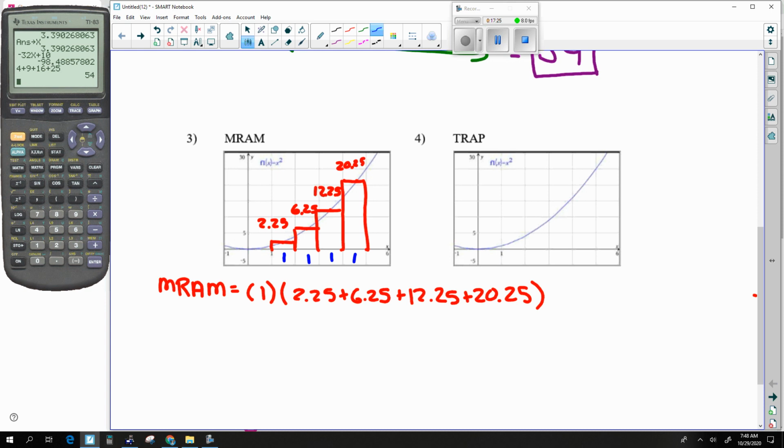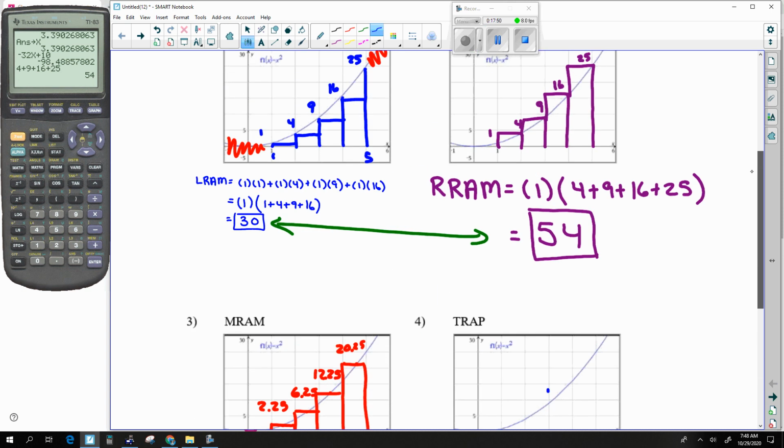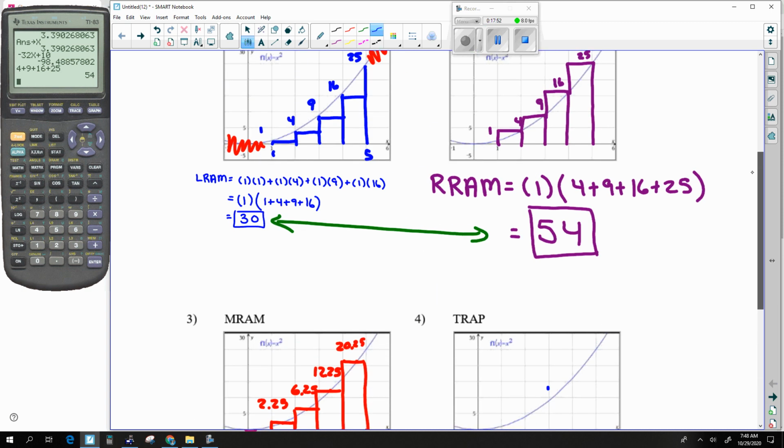However, if this one has a width of 1, and this one has a width of 2, and this one has a width of 1/2, something like that, you can't do it this way. You have to break it down, find the areas of each individual rectangle, kind of like the long way, how I wrote down originally in number 1.